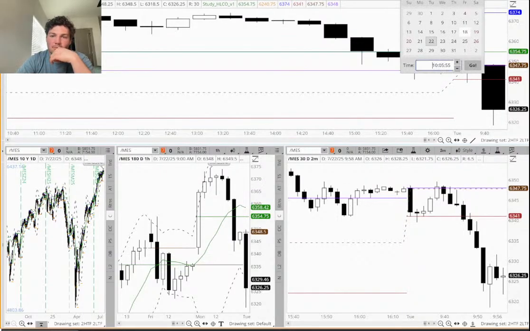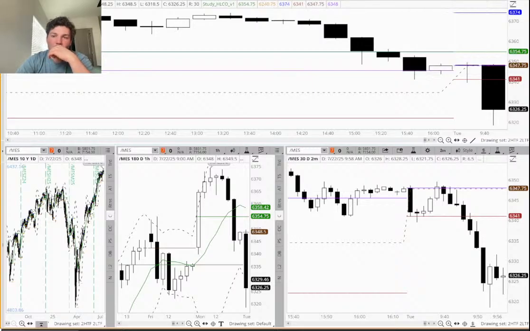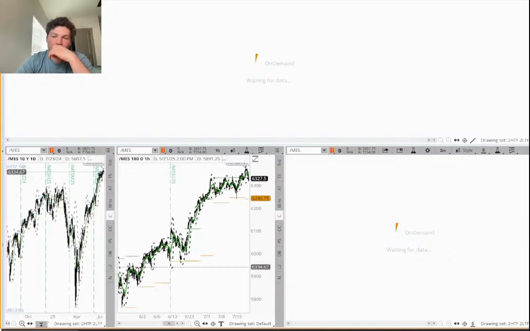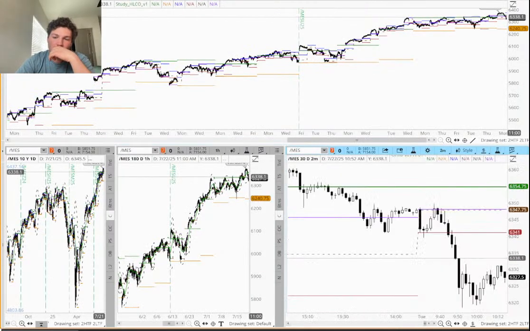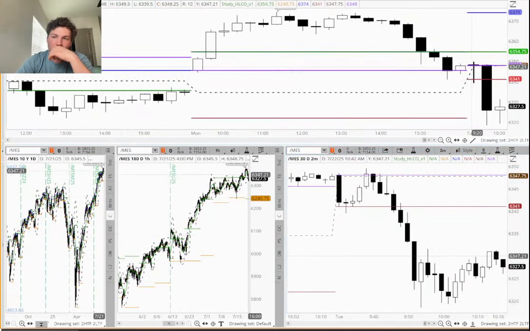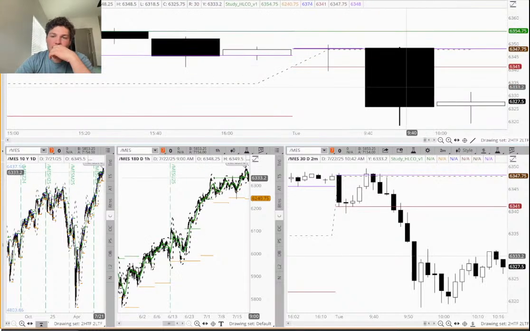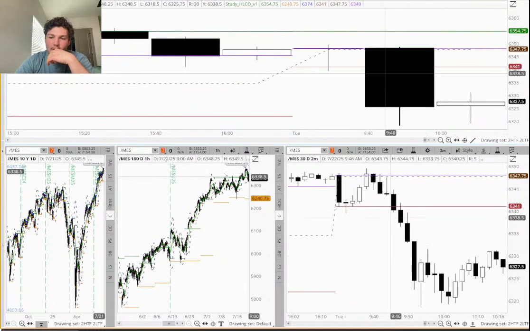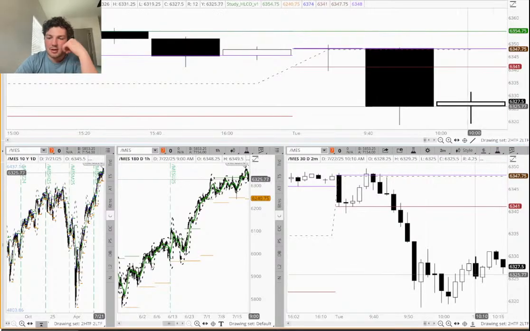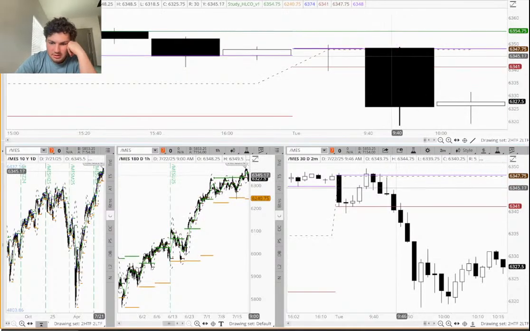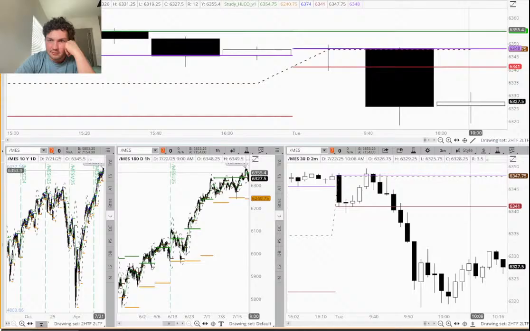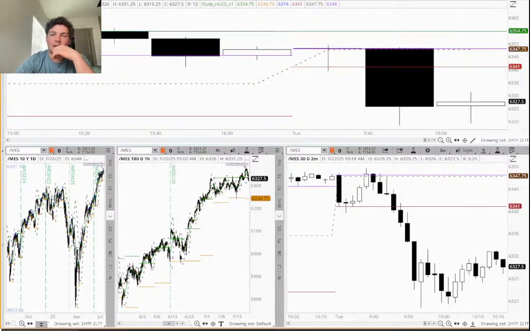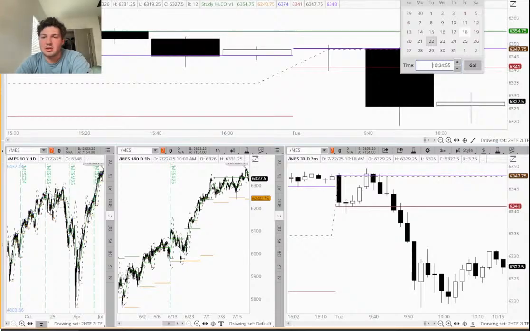Another 20 minutes. So still moving down, flagging a bit potentially. This trade is still in play. Our stop loss never came back and got hit. So go one more 20-minute period, then we'll skip to the end of the day, depending on what happens here.